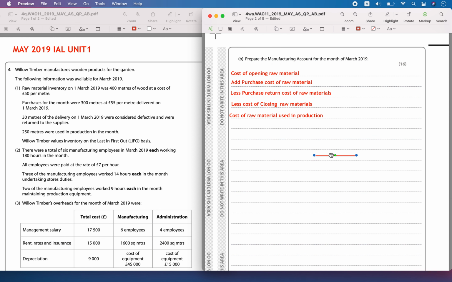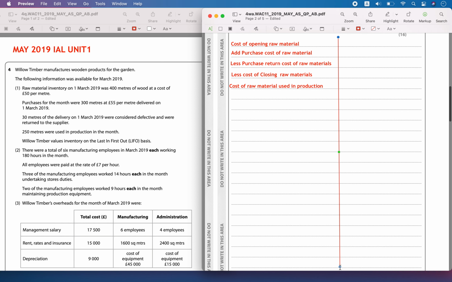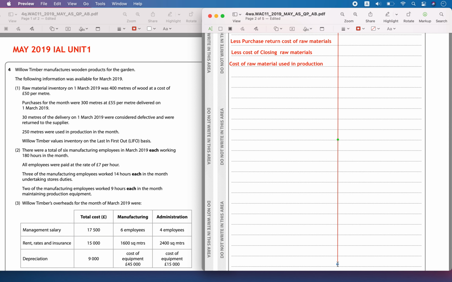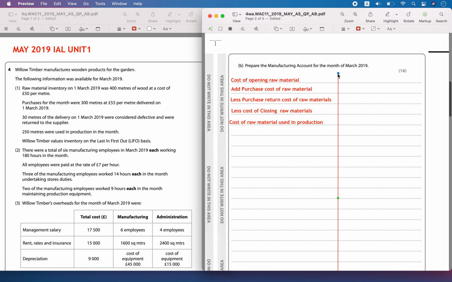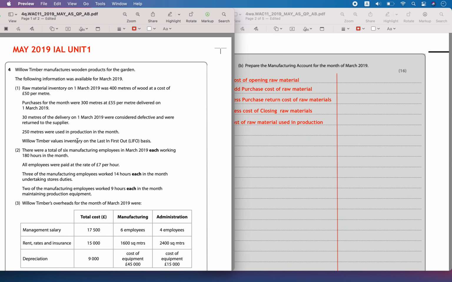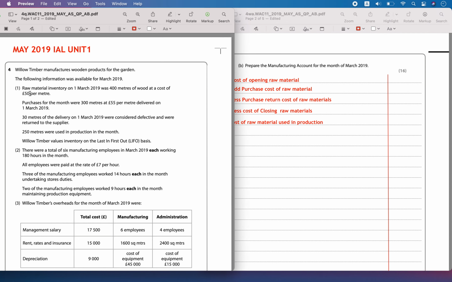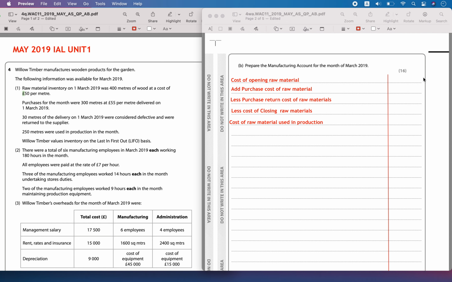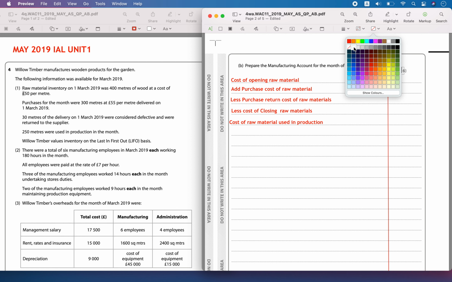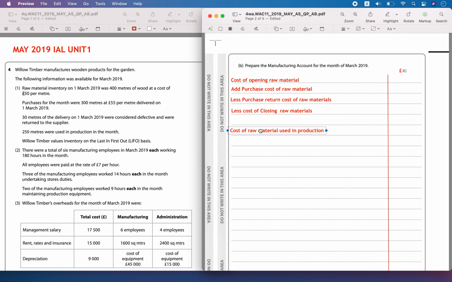So let's start with that point, till that point. The first one is the opening cost of the raw material inventory. Let's write here, and all of this is measured in pounds, so I'm going to write it at the top.